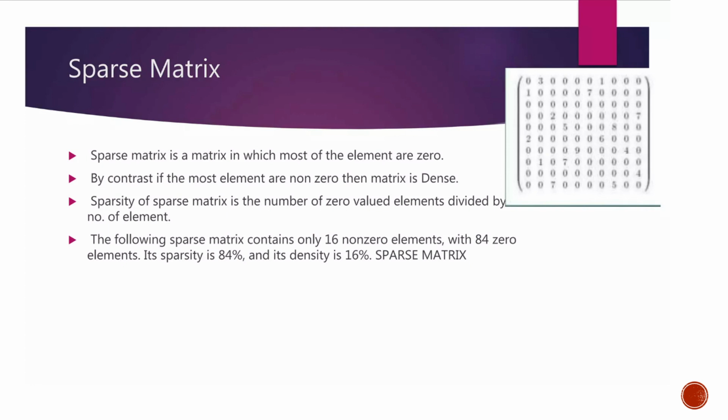Example, if the matrix is of size 100 into 100 and only 10 elements are non-zero, then for accessing 10 elements, one has to make a 10,000 times loop, and also only 10 spaces will be with non-zero elements, and the remaining space of the matrix will be filled with zeros only, which will waste a lot of time, a lot of space.